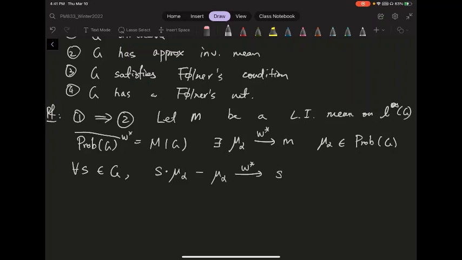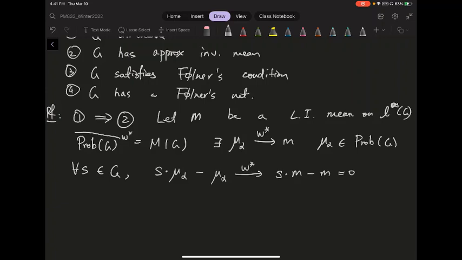So this will converge to the left translation of M minus M itself, but M is a left invariant mean, so this is going to be 0. So all of these left translations of mu alpha weak star converge to 0.